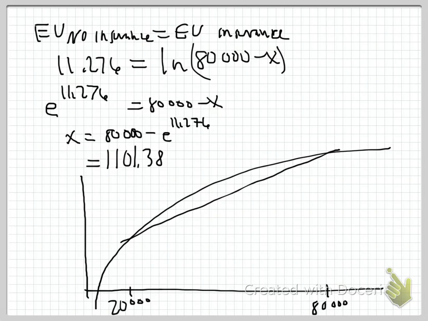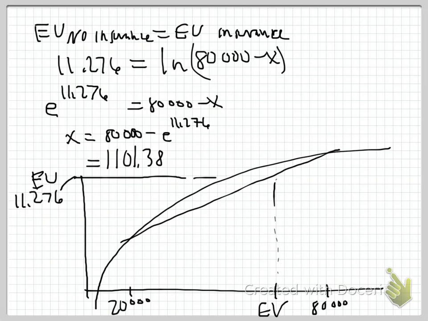So I'm going to say the expected value is actually here, and therefore to find the expected utility, we draw a vertical line up, and that height is our expected utility. So that was 11.276 from before.